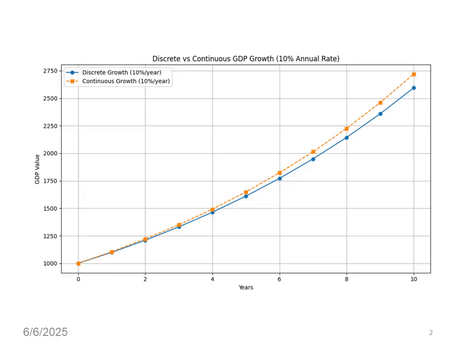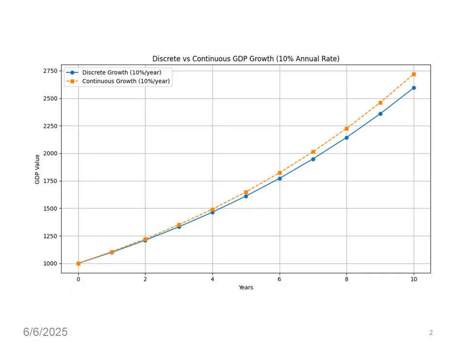When we compare the value of discrete and continuous GDP growth, their values are different, even though their annual growth rate is the same. Because of this, continuous GDP growth is always greater than the discrete value of GDP growth, even though the rate is the same.